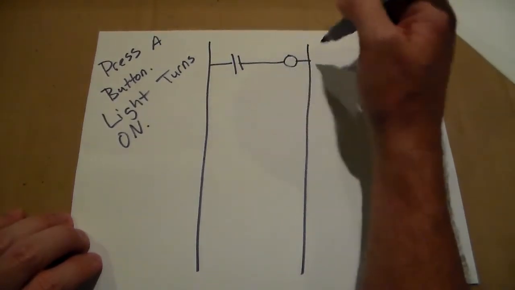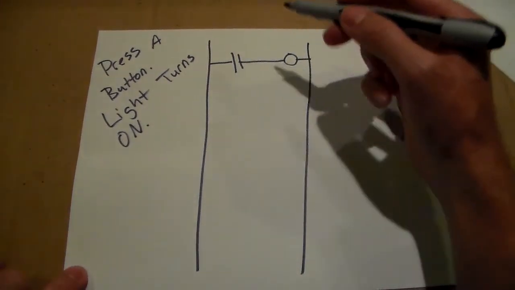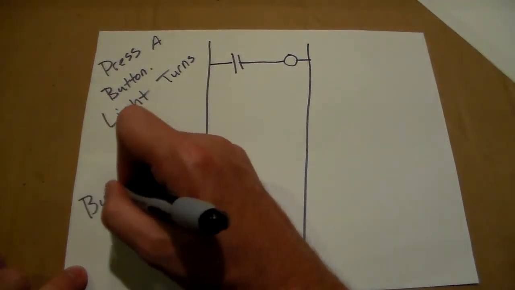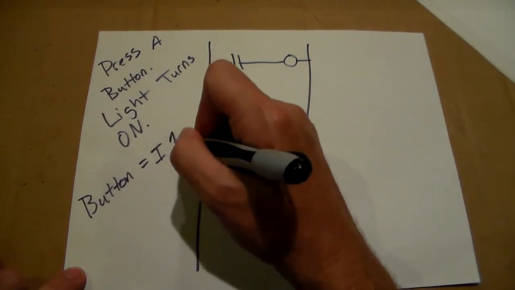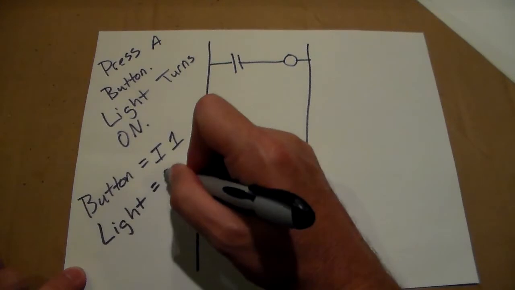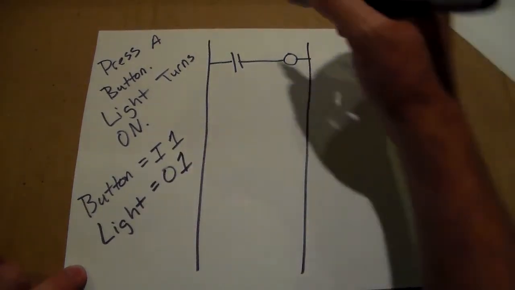We've got our contact, we've got our coil. But right now they don't represent anything. They need to be given addresses. So let's say our button is input 1 and our light, that's an O for output, output 1.